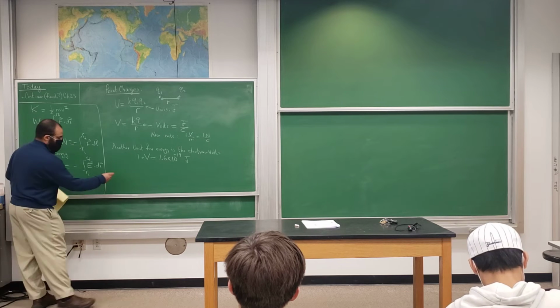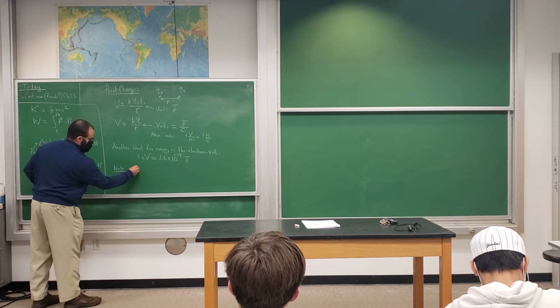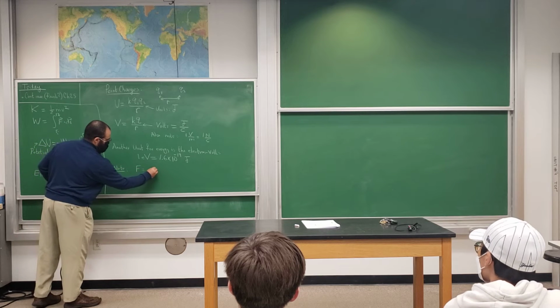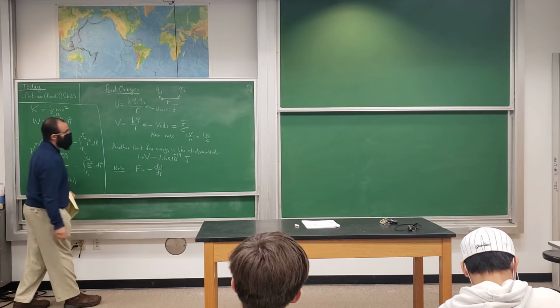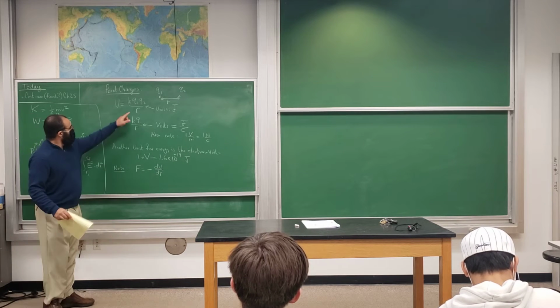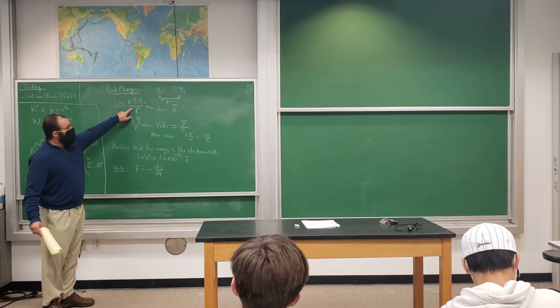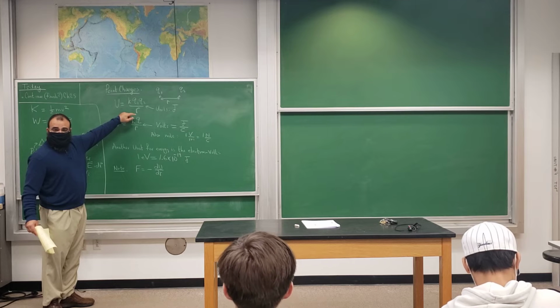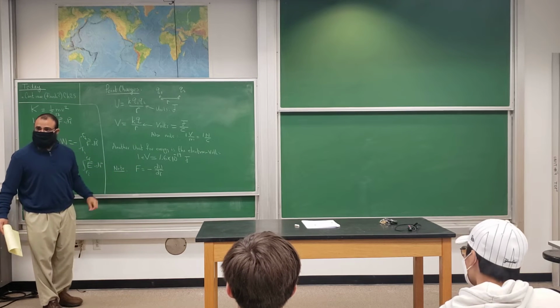You will see that the force is minus dU/dr. You can double check this. If you take the derivative of 1 over r, you get negative 1 over r squared, but you stick a minus sign in front of it, so it becomes just 1 over r squared.